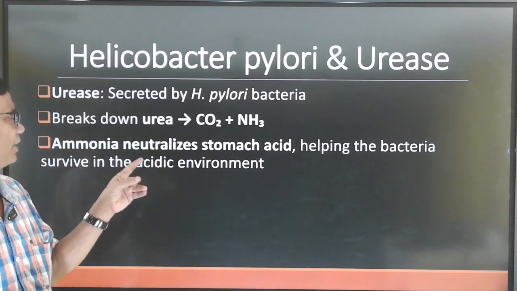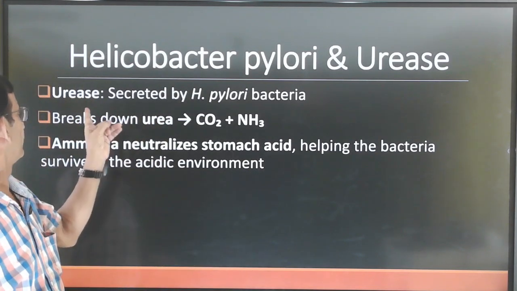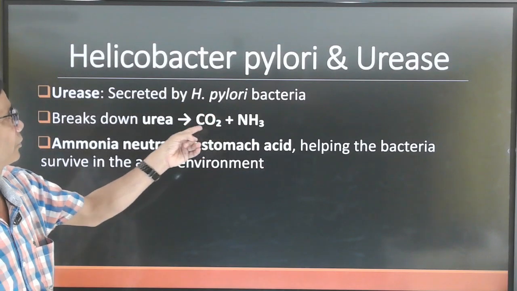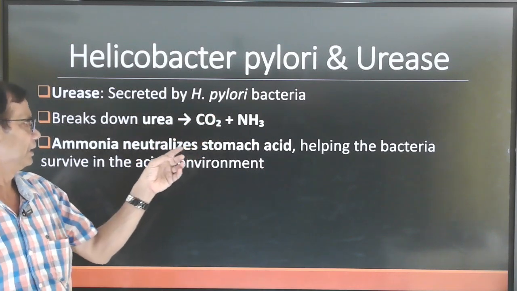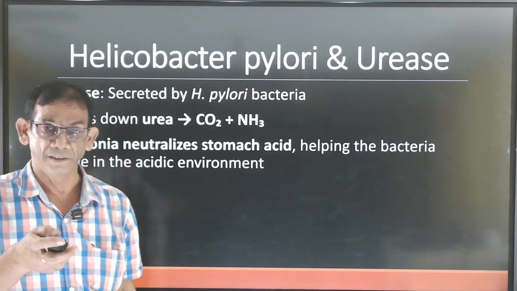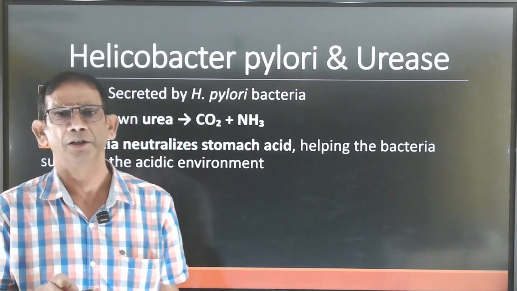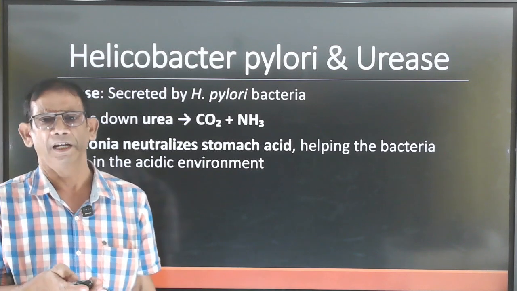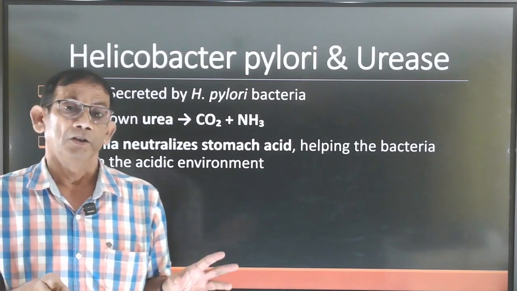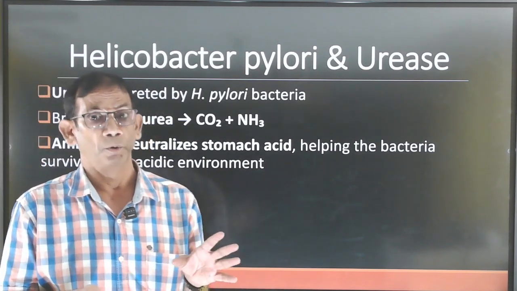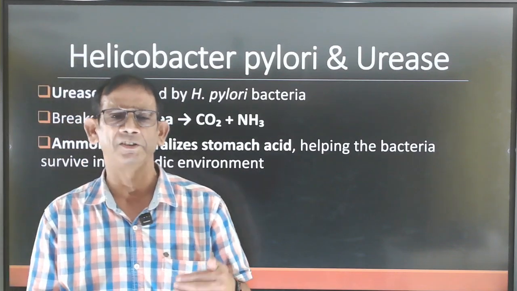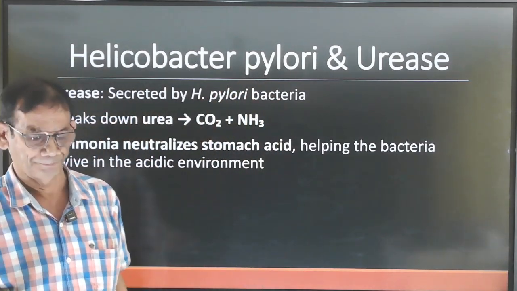Due to the presence of this urease, ammonia is secreted, and this ammonia helps in the neutralization of the acidity present in the stomach region, which helps this particular bacteria to survive.